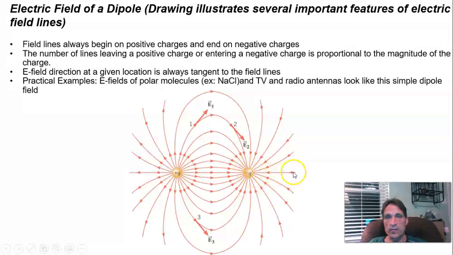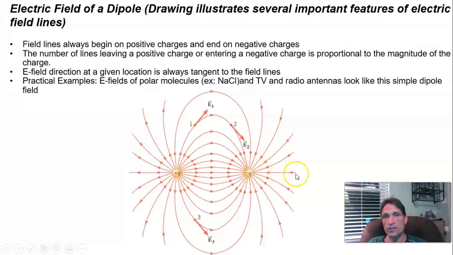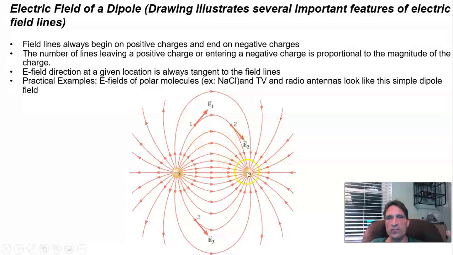If you go over here, the field points to the left because it's more attracted. The probe charge is more attracted to this negative charge Q than it is repelled by this positive charge Q, so the field points this way. And so you get this electric field of a dipole.